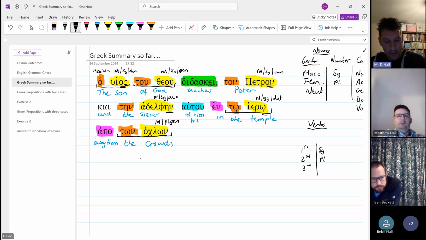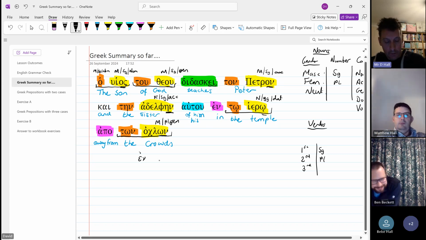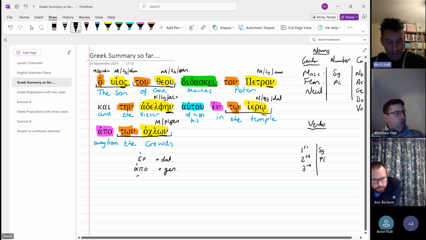So en, which is the first one, which we've just looked at, is en plus the dative. You could often find them written down like this. Then we have some with the genitive: apo, which is plus the genitive, and ek, which also follows with a genitive.